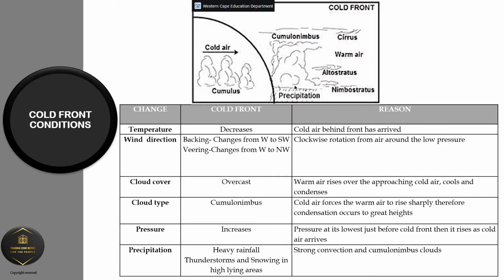Now let us think about the conditions associated with the different fronts. Starting with the cold front, the conditions associated with the cold front. Now remember, in the previous session we had said that in the mature stage, your fronts will be fully developed, and since the fronts are fully developed, certain things start happening.